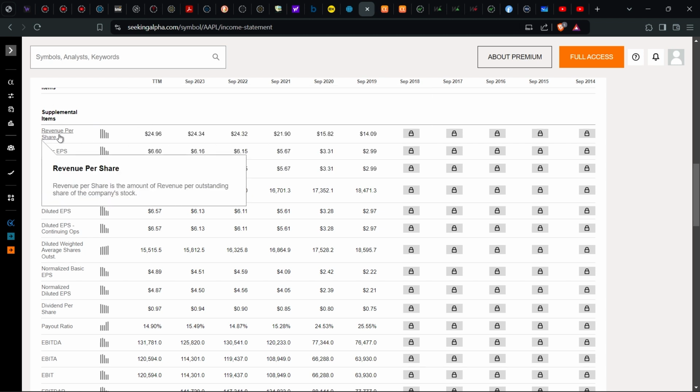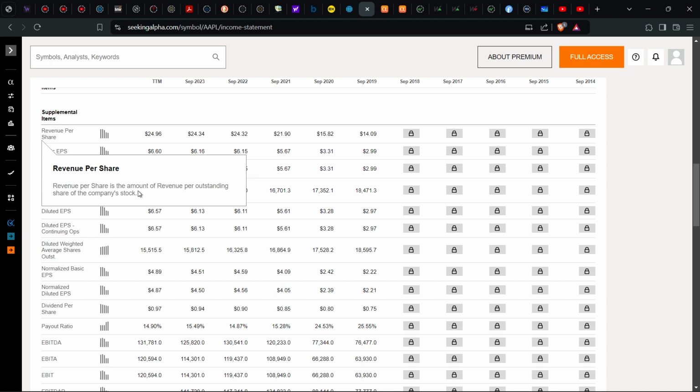So revenue per share. That means for every one share, there was a revenue of $14, and this means for every one share, there was a revenue of $24. This number you want to see pick up, meaning the company is making more revenue per share. Companies try to increase this number by reducing the number of outstanding shares of the company's stock.